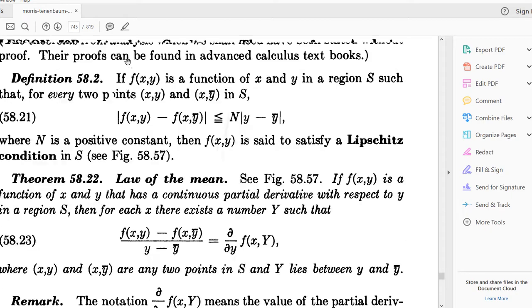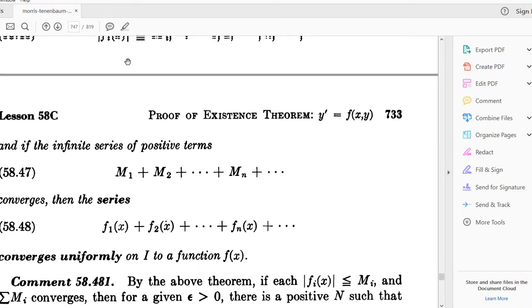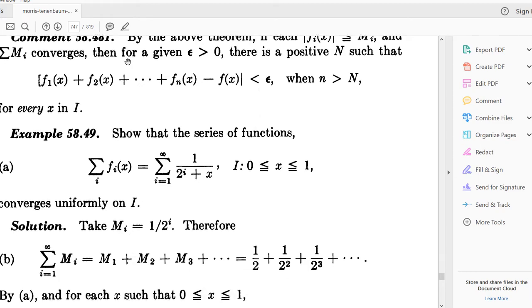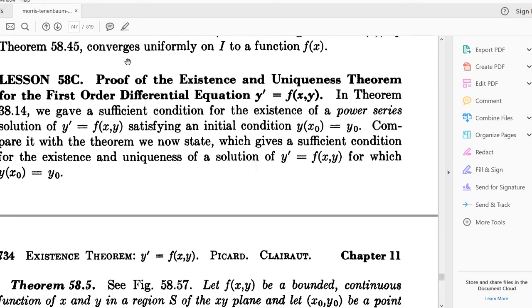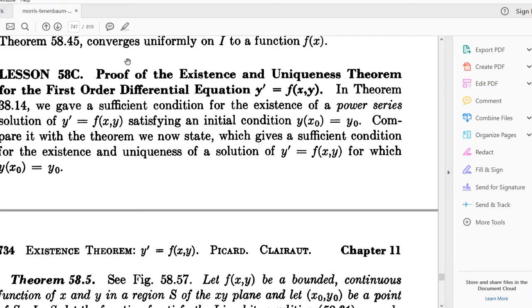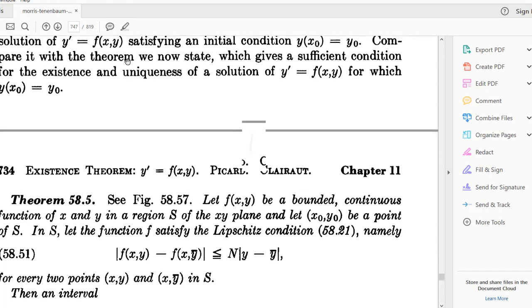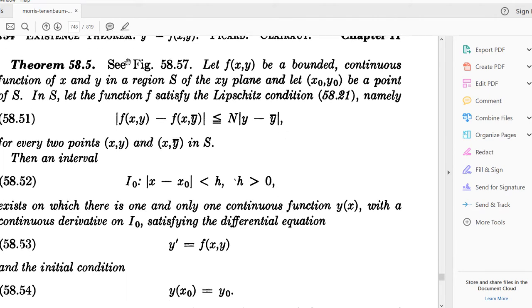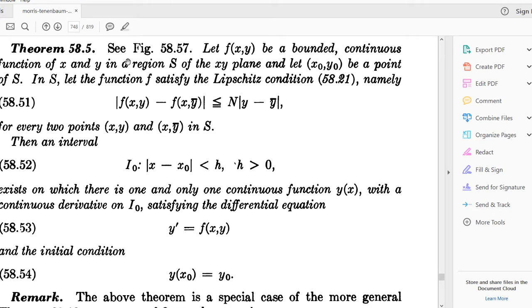Yeah. So the first 4 pages of this section are basically getting you ready for the theorem. And then part C, proof of the existence and uniqueness theorem. And here's the theorem. All right? Guys, don't write this down. Write down what I write down. I mean, it's the same.